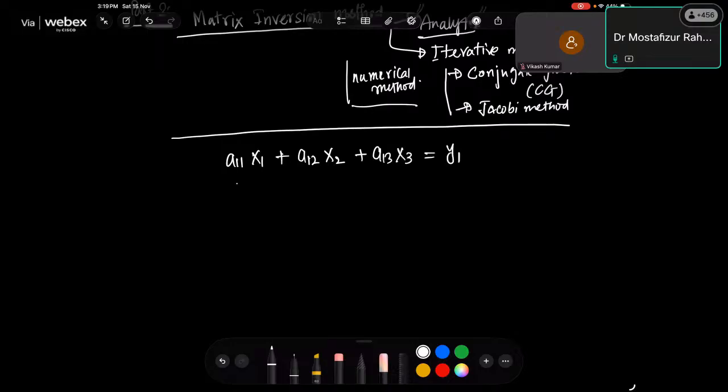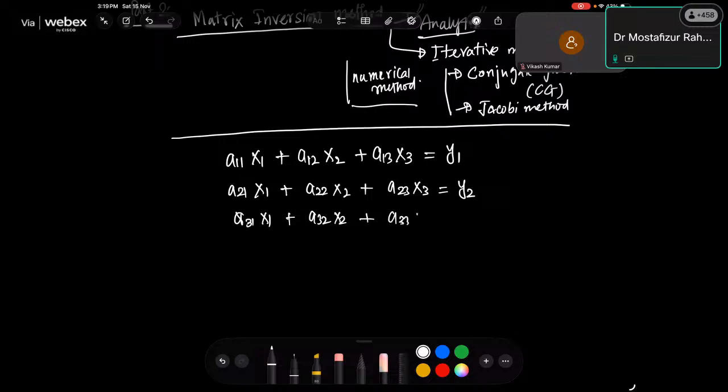This kind of equation we have solved in our childhood, right? a21 x1 plus a22 x2 plus a23 x3 equals y2. Similarly, a31 x1 plus a32 x2 plus a33 x3.